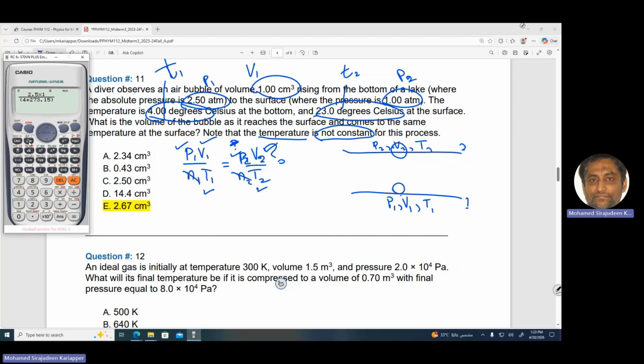Alpha, calc. Where is the calc? Yeah, here. Then the fraction, again. The right-hand side, P2, which is 1 atmosphere, multiplied by V2, unknown. That's what we need to find. That's the question.